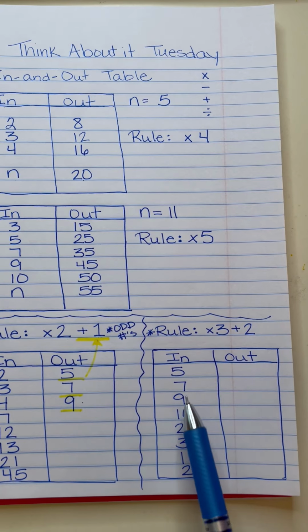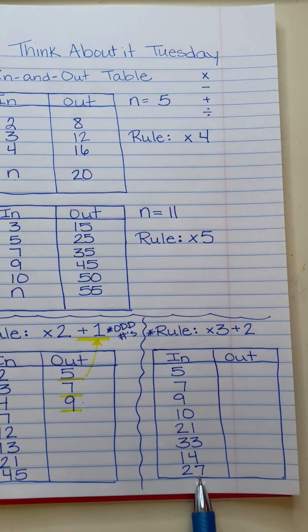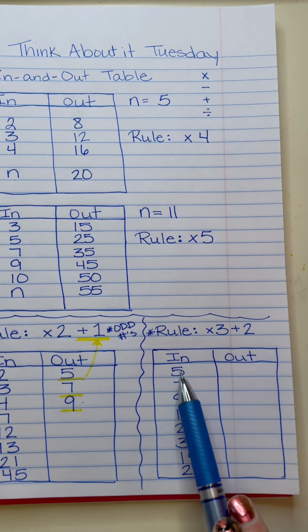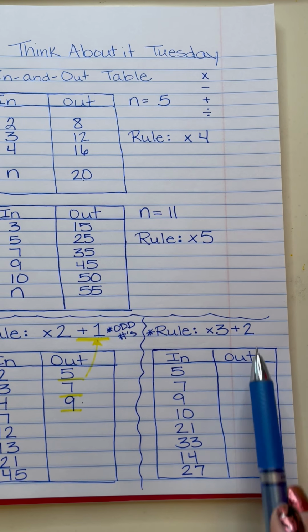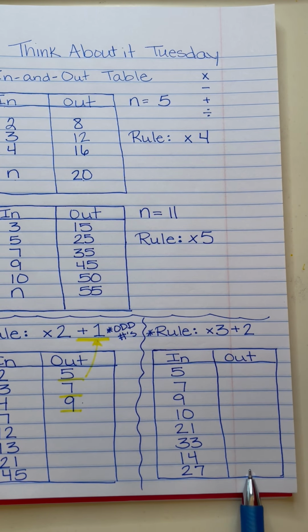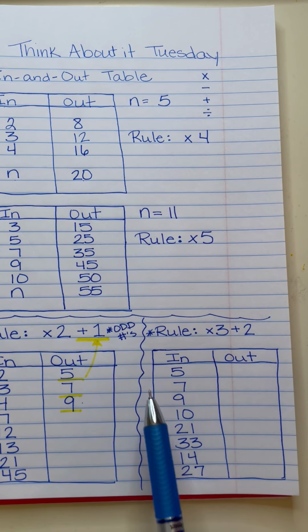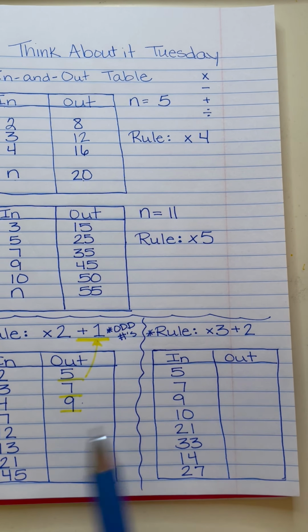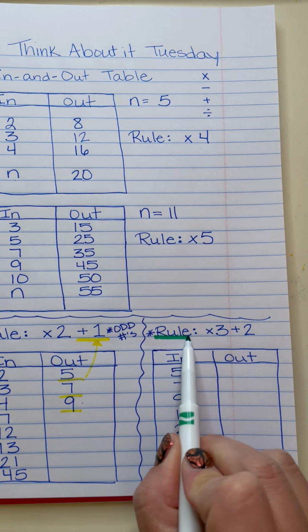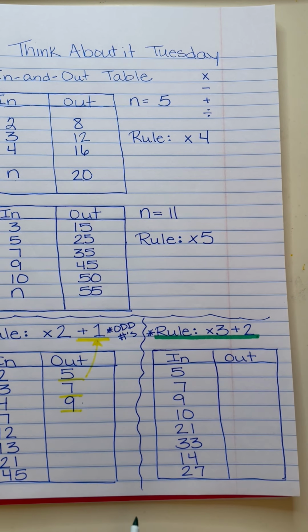Okay, so these are the numbers that you are going to multiply by 3 and add 2, and those will be your output. Now, I'm not going to give you any of these. I want you to figure out what the output is going to be based on this rule here, okay?